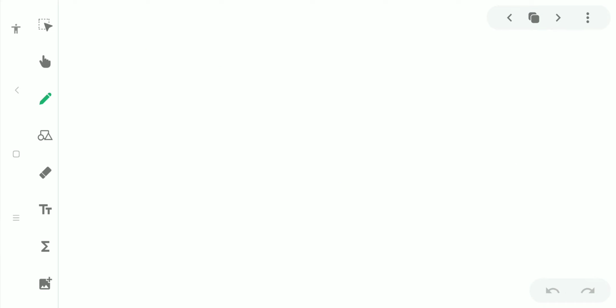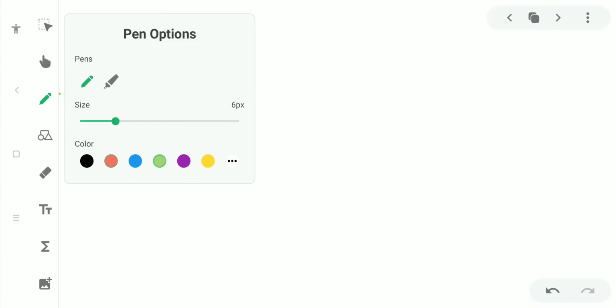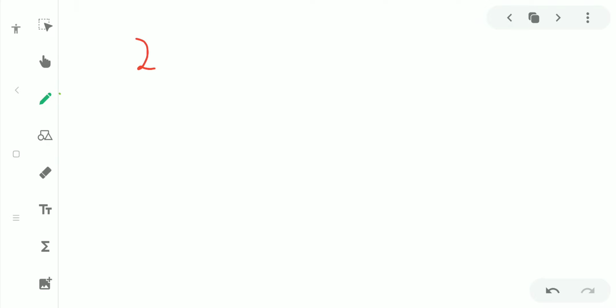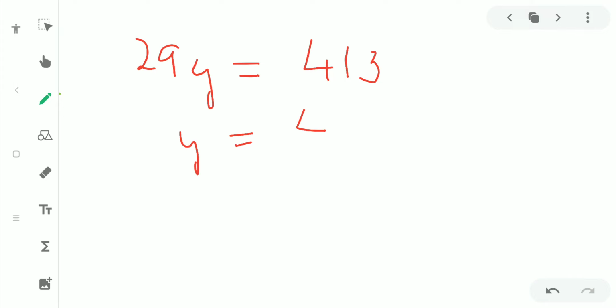So it will become 29y is equal to 413. Our y is equal to 413 by 29.